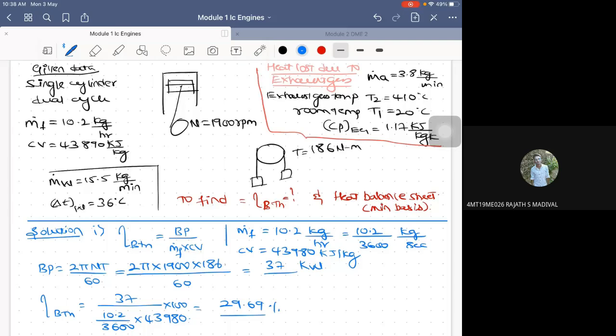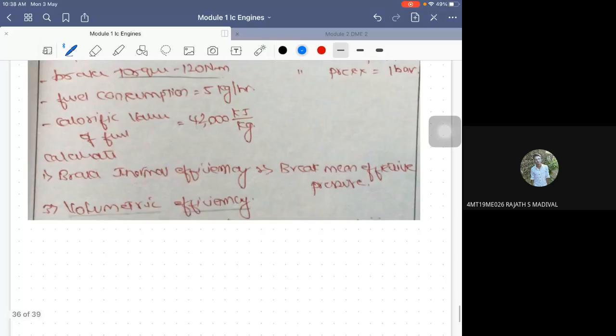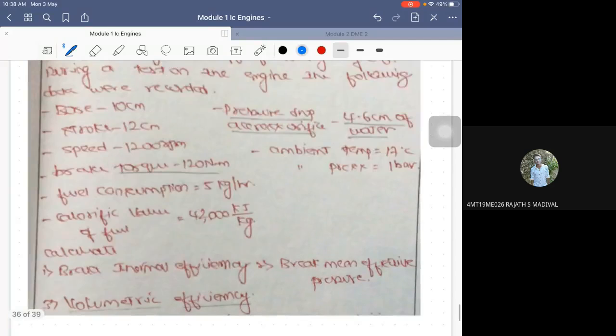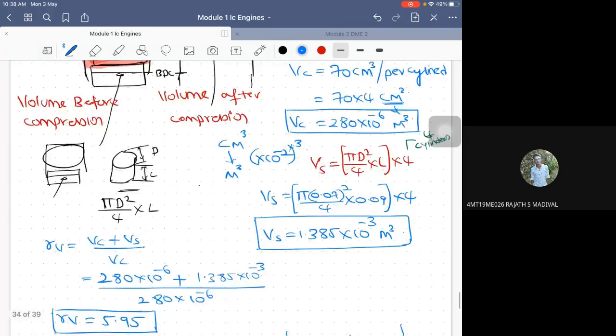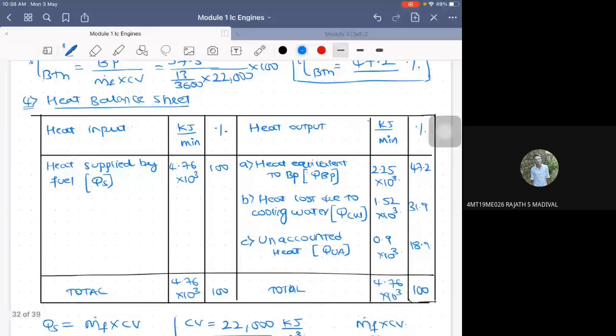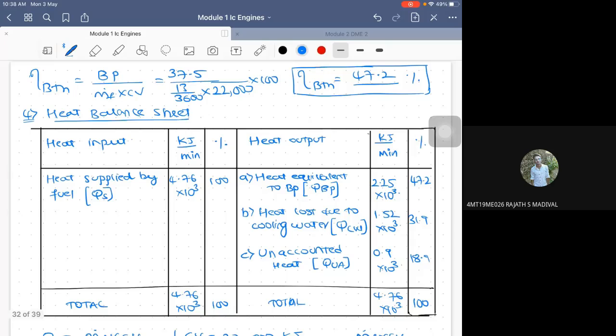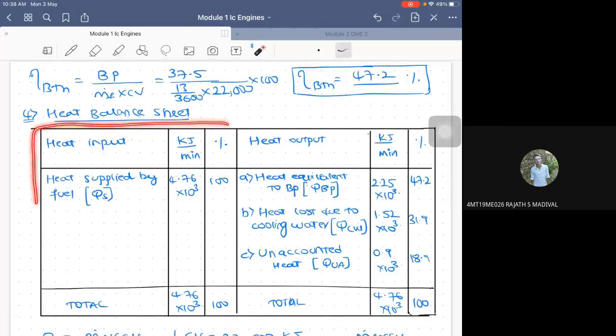Come on, everyone. You draw the heat balance sheet.